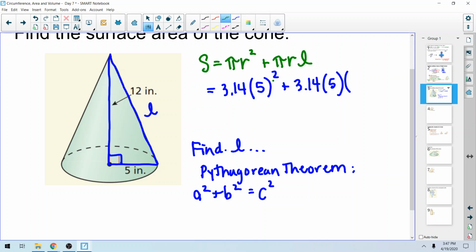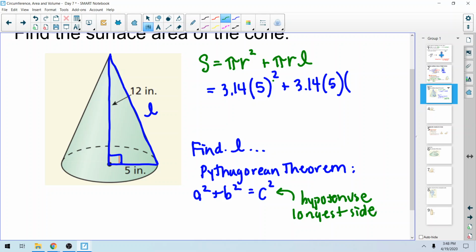The most important thing here is you have to remember that the c squared is the hypotenuse of the triangle, which means it's the longest side. So if I'm looking at the blue triangle that I drew in the cone, you have a 5, you have a 12, and then you have a side that I labeled as L. Which one is the longest side, or which one is the hypotenuse?